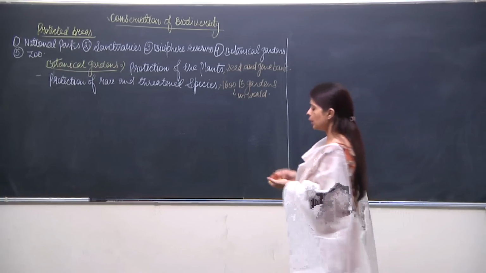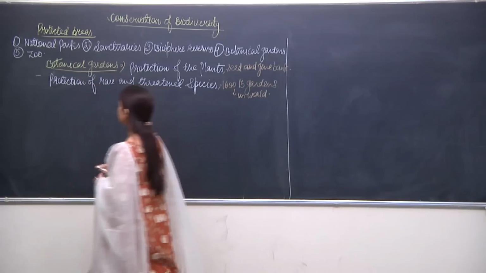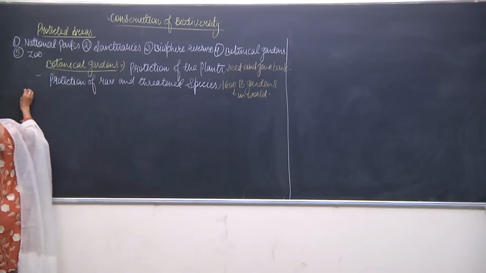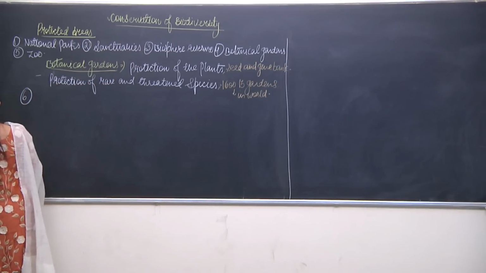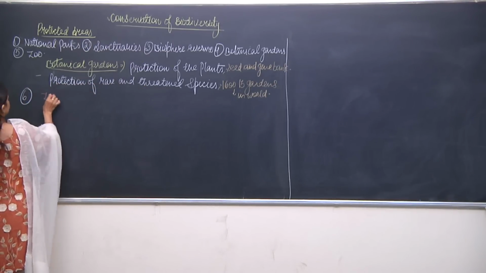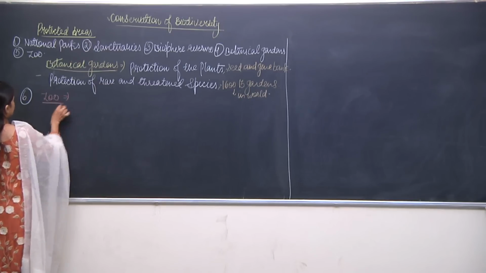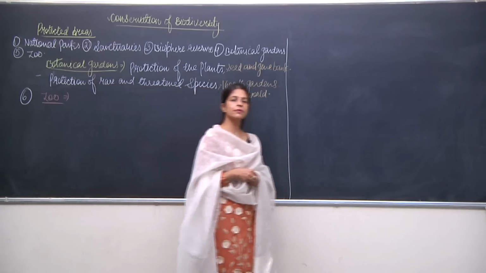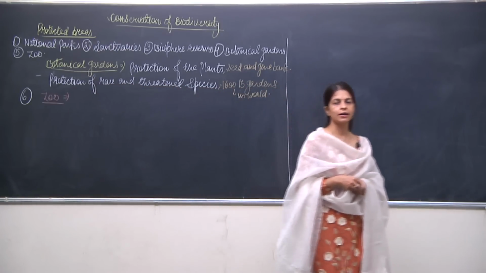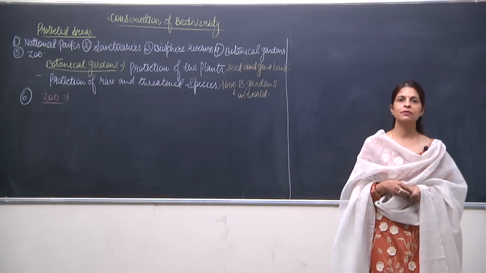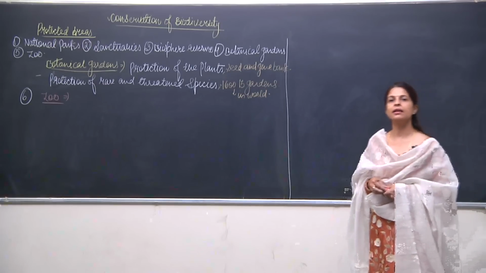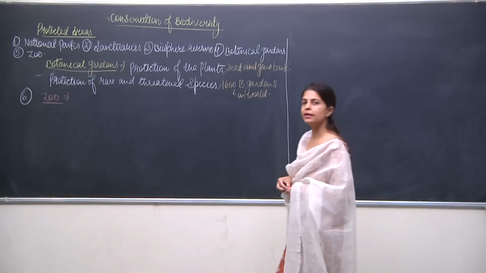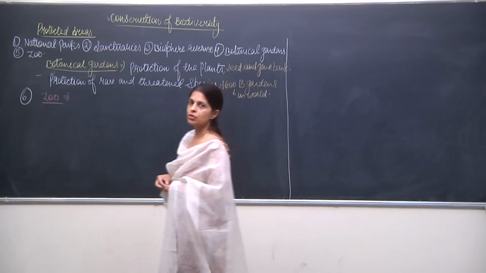Now when we talk about the zoo, we'll talk about the sixth one, which is the zoo. We all have visited many zoos, we all know what zoos are. This is a place where the animals are encaged, kept in cages or enclosures.